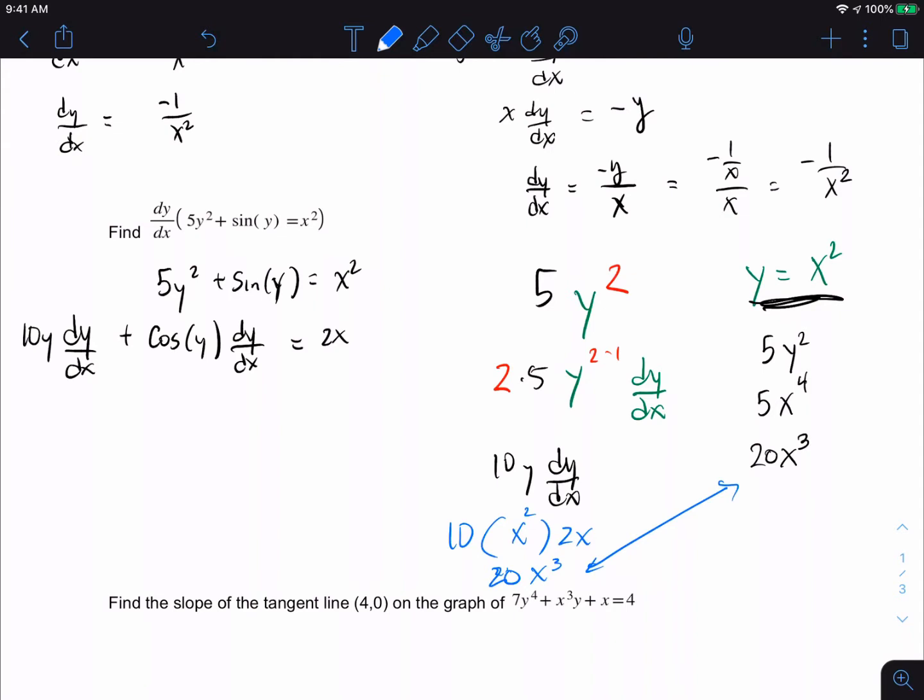Do you see what's happening here? Something that you guys have probably never really thought about. Sometimes we use variables, we call them dummy variables, to represent other functions. So in this case, I said, let me let y be y or x squared. But when I take the derivative in terms of x, I need to remember that y is something in terms of x.